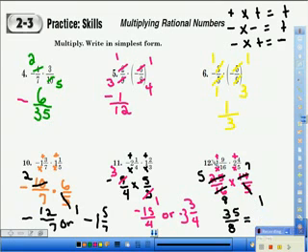Both numbers are positive, so our answer is going to remain positive. 8 into 35. I heard someone say 4. 4 times 8 is 32. And 32 from 35 is 3. And we put it back over our denominator, which is 8.